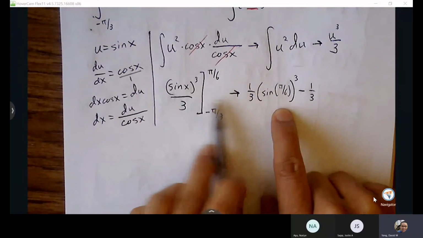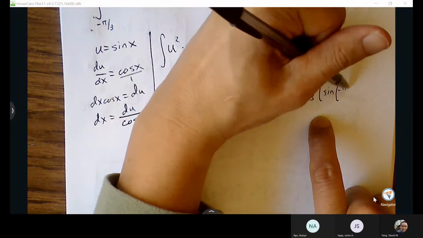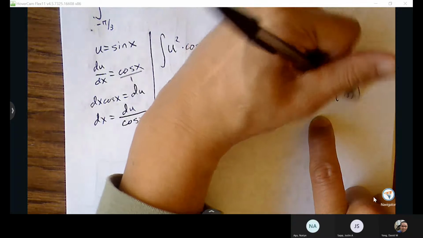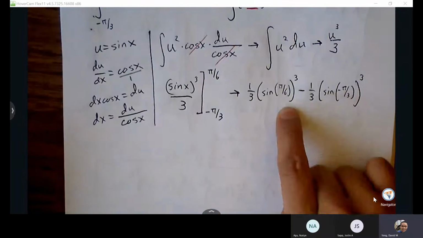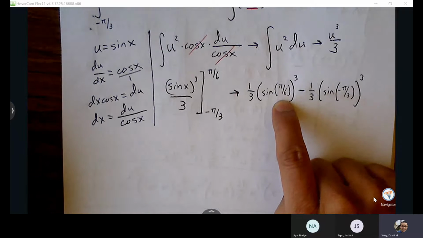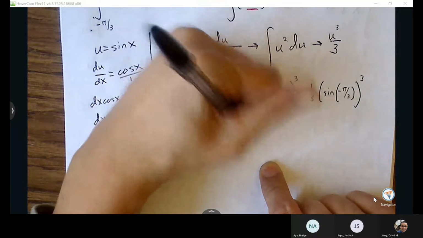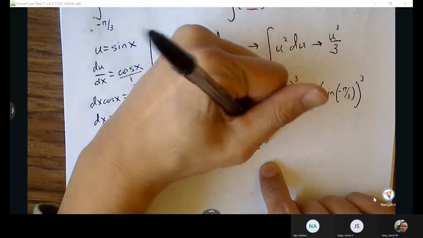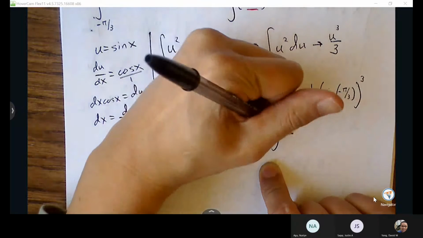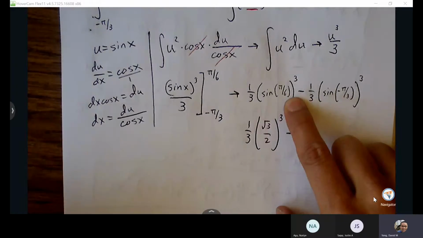So upper bound first, minus, then lower bound. Okay, so unit circle values, sine of pi over 6 is going to be √3/2. I'm sorry, 1/2, right? My bad, 1/2.